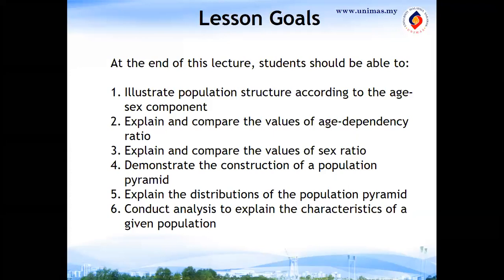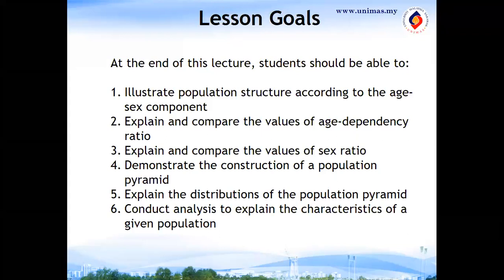Okay, and the fourth is you should be able to demonstrate the construction of population pyramid. In other words, if you're given a set of data, you should be able to compile those data and construct a population pyramid based on the given data on the population.